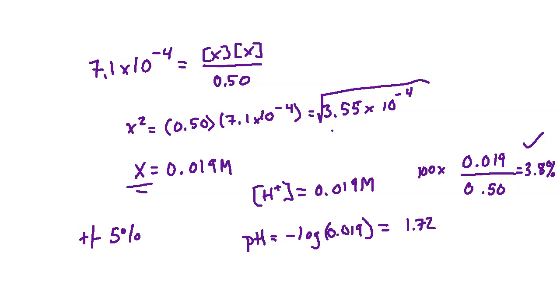If this number goes over 5%, you need to stop with the assumption, and you have to go back and rework the quadratic formula, where you would actually plug all those values into the quadratic formula.